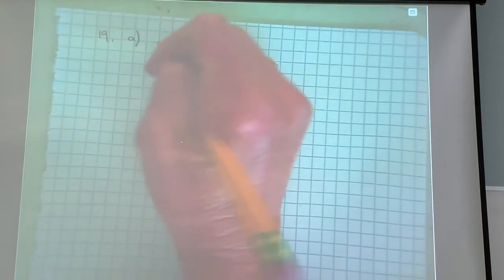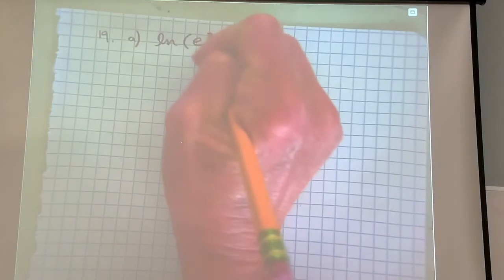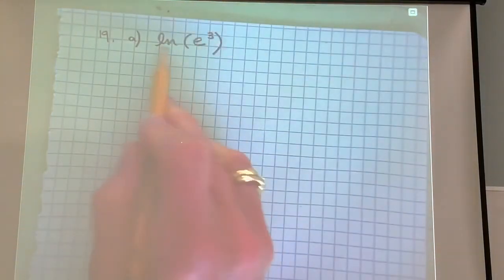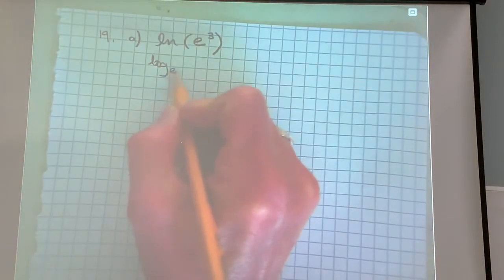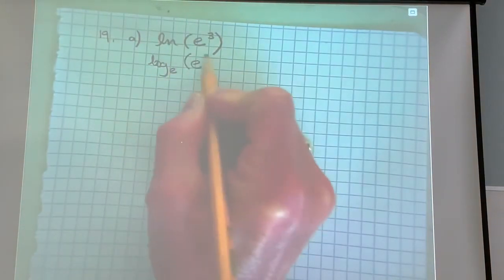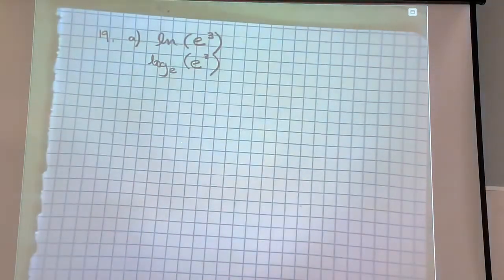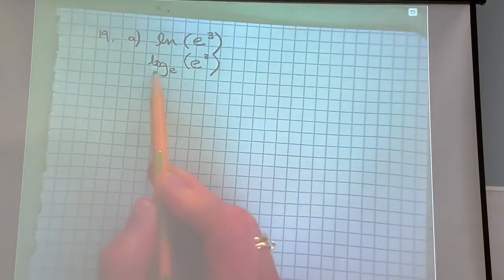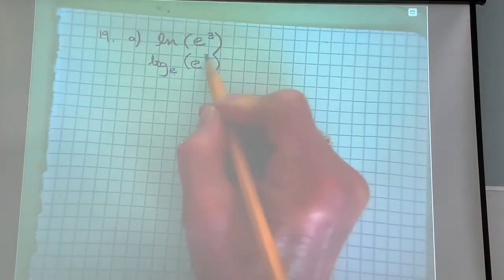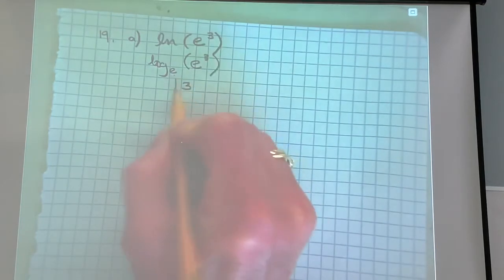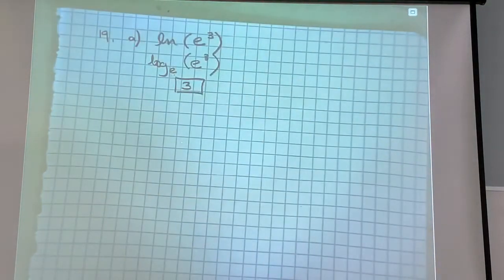If it says the natural log of e cubed, sometimes I rewrite natural log as log base e, because it's a friendly reminder that this is just saying, what exponent would you need to raise e to get e cubed? And so the answer would just be 3.